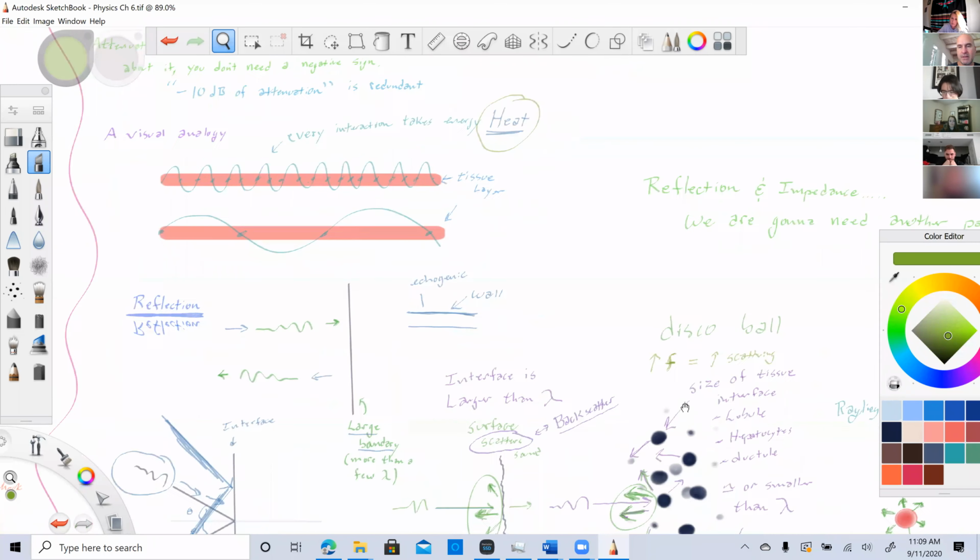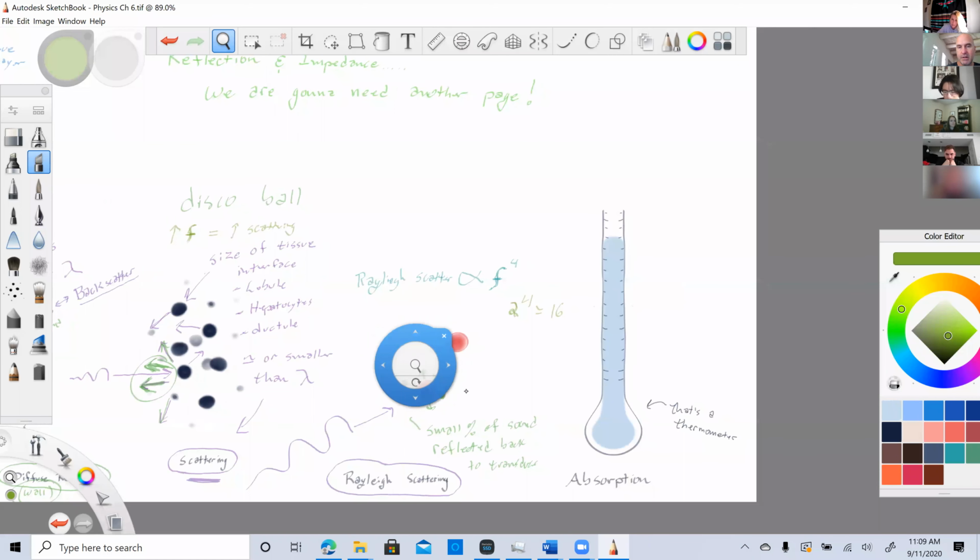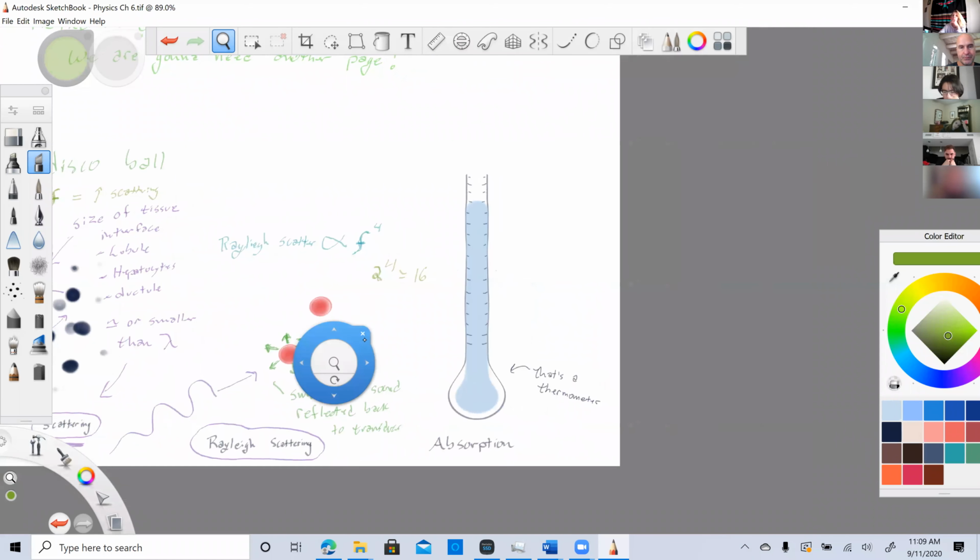So let's go back down to my beautiful thermometer here. That's just it, it's just a thermometer. Heat is the third most sizable, that's the important part to remember.